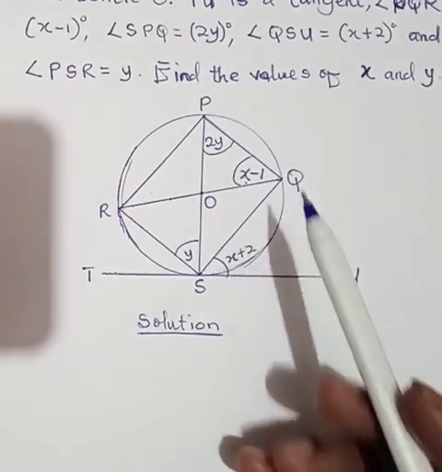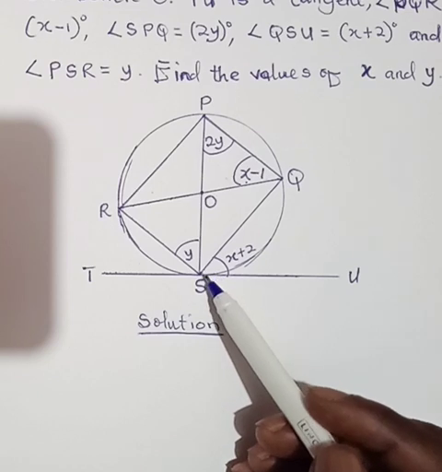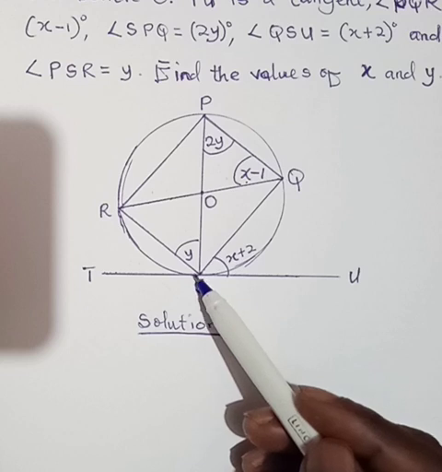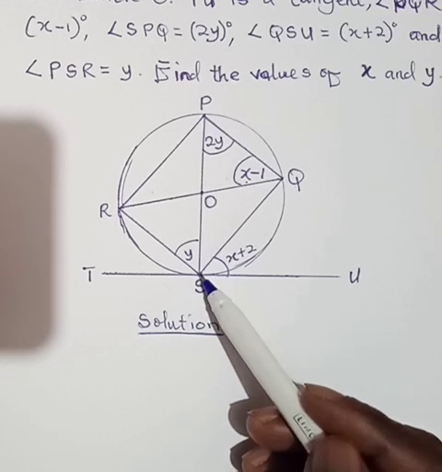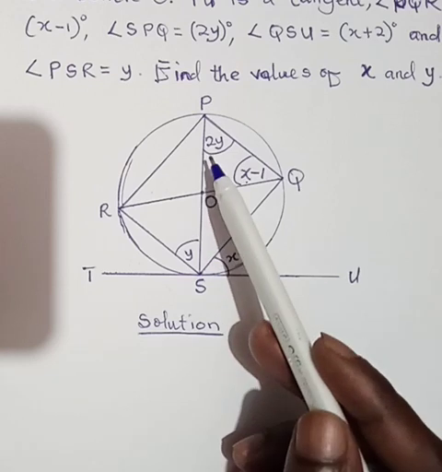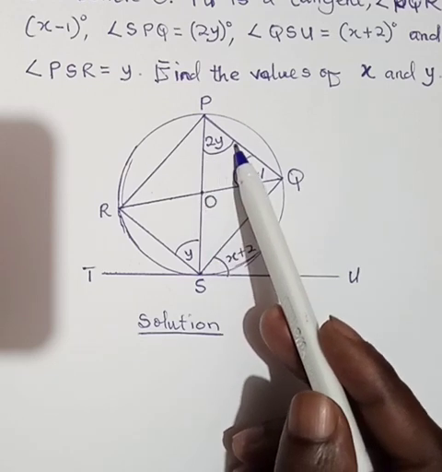Have you gotten that? Once you have an angle between a chord and a tangent at the end of that chord, it should be the same as the angle formed in the alternate segment.